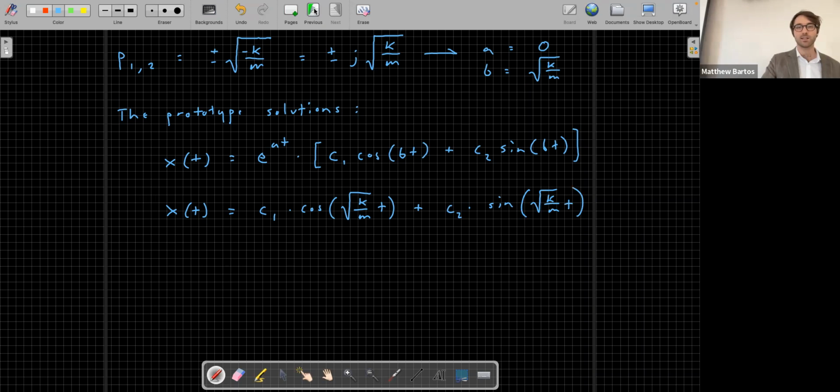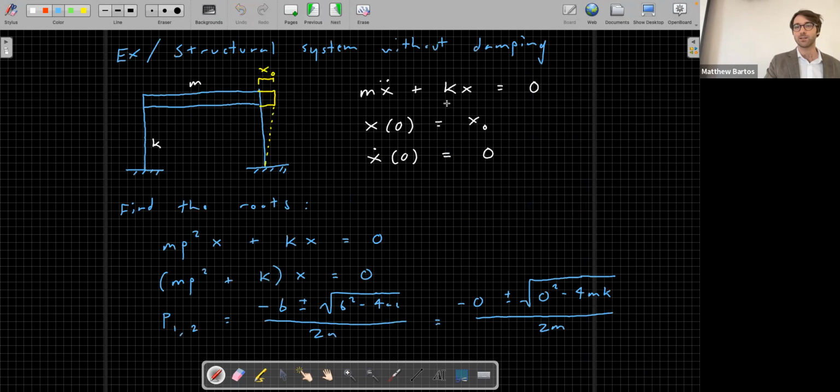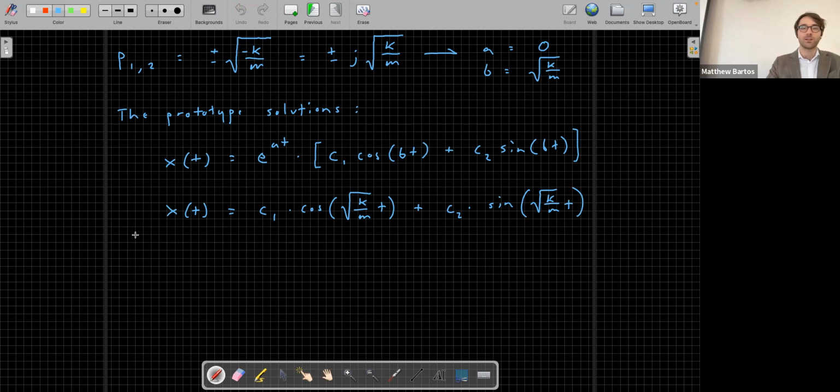Okay, so let's take a look at the initial displacement condition first. So this equation will become, let's say, let x at time 0 equal x naught, and let's evaluate and see what we come out with. So this term here will become our known initial displacement x naught.